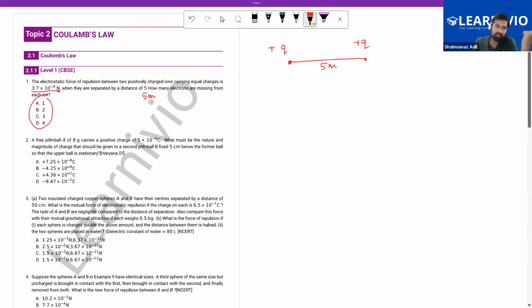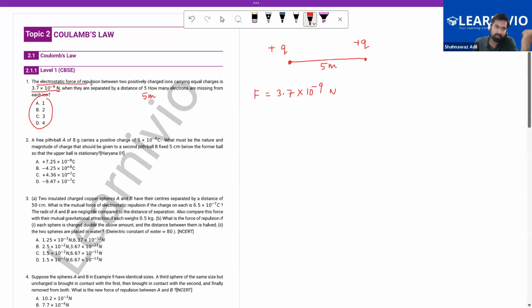What is the thing that is given? Force is given, which means that charge is not. So I was wrong. I said the magnitude of the charge, but this is the force which is given.